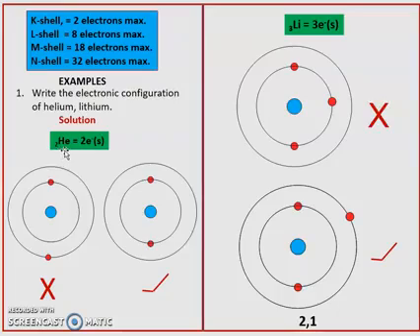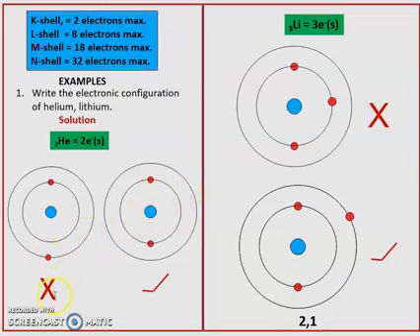So helium has atomic number 2, which means helium has 2 electrons too. Then let's draw the structure of helium. This is the nucleus, this is the first shell, this is the second shell. Remember, helium has only 2 electrons. Some person will say, okay, if it has 2 electrons, let me put 1 electron in the first shell, then the next electron in the second shell.